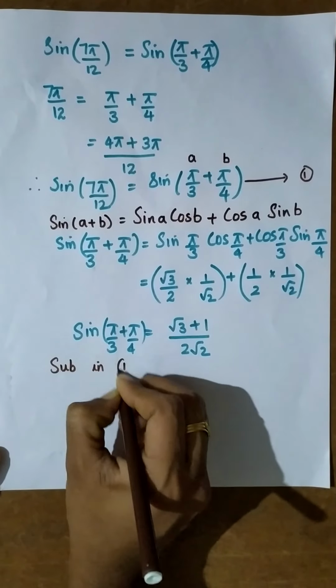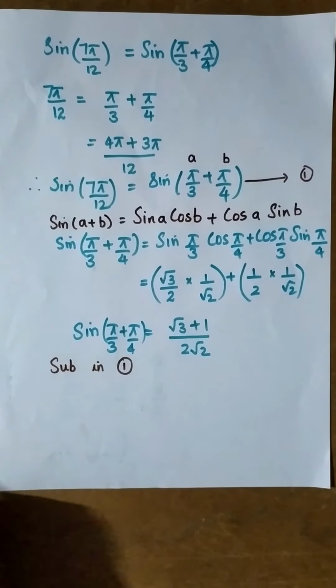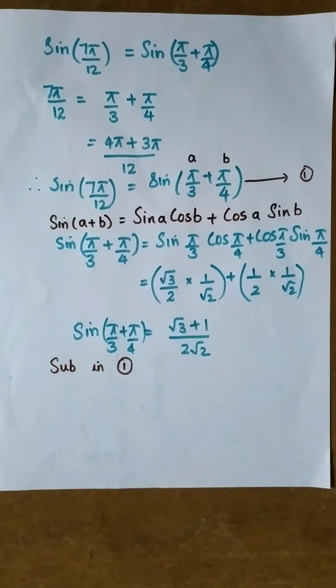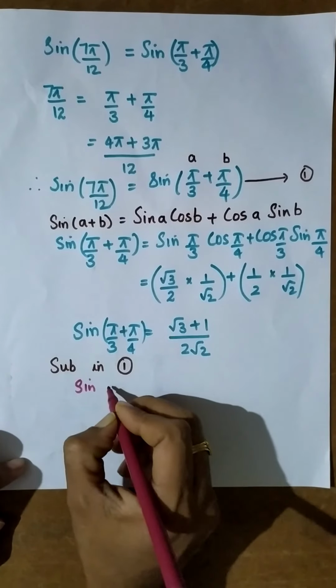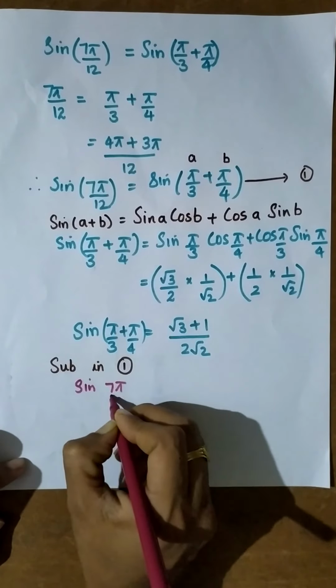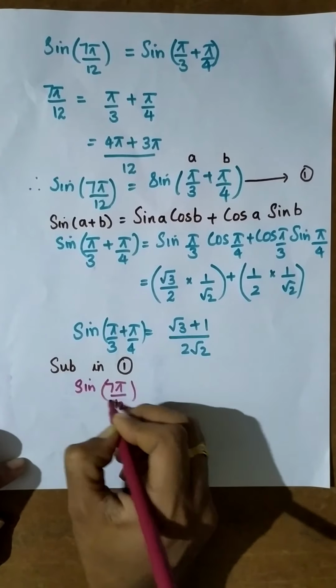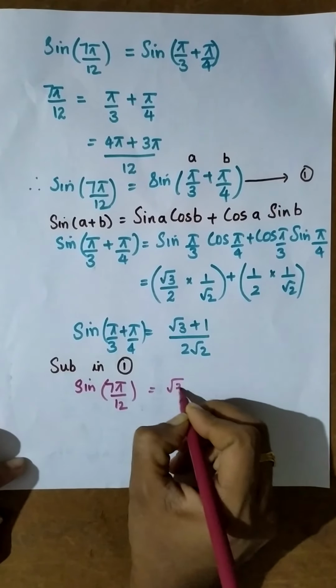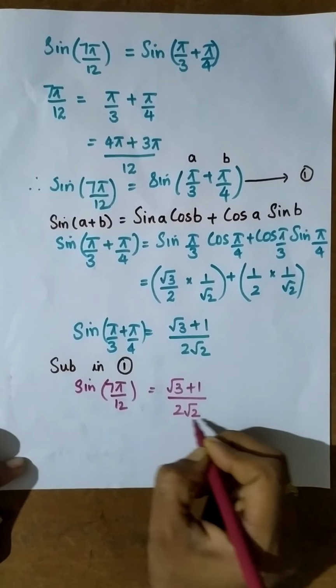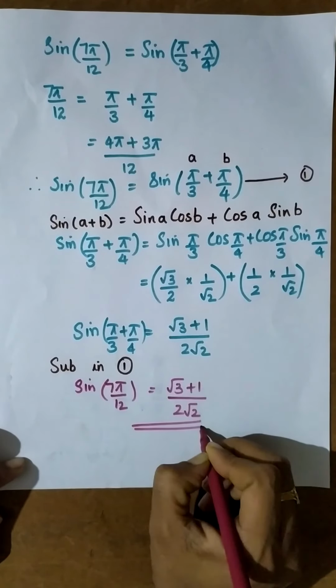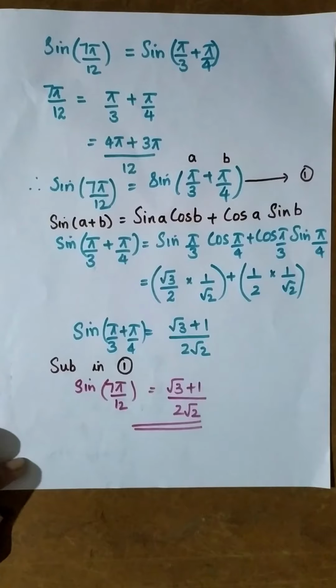Just sub in this in equation 1. So you can write it as sine 7 pi over 12 is equal to root 3 plus 1 over 2 root 2. Thus we can find out the value.